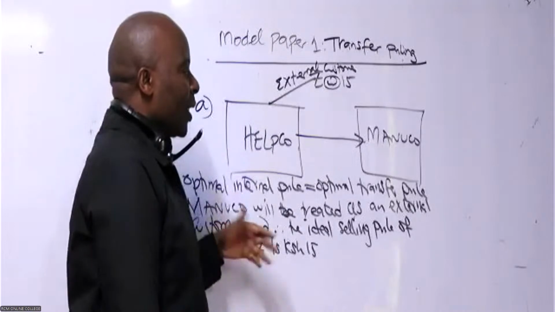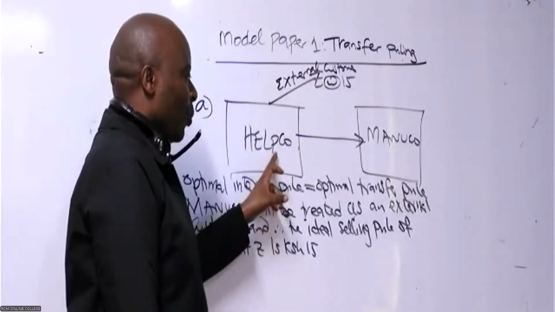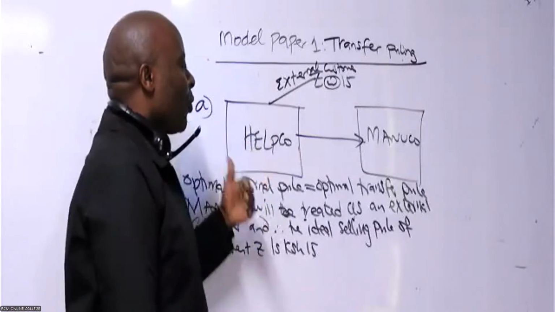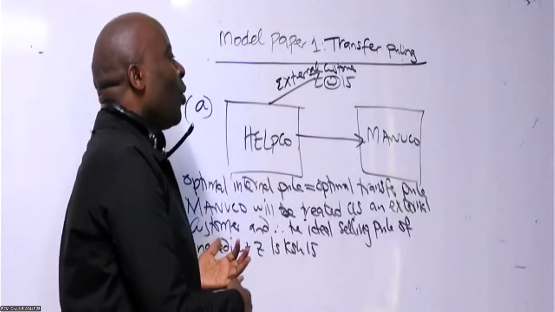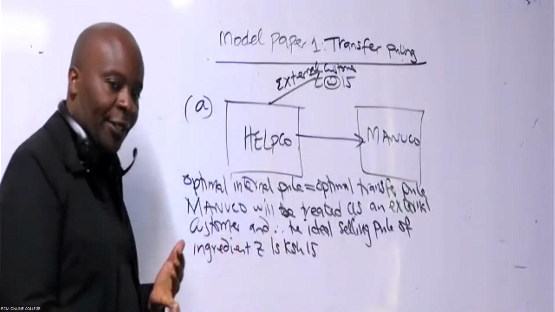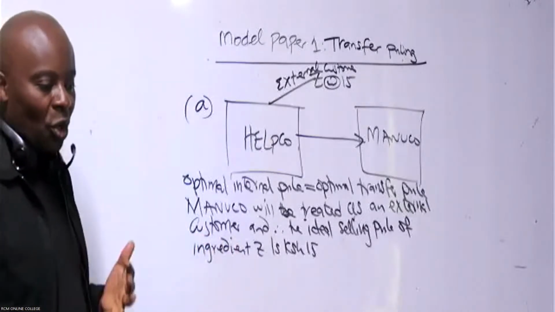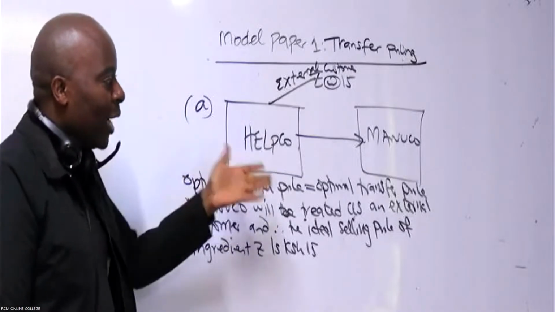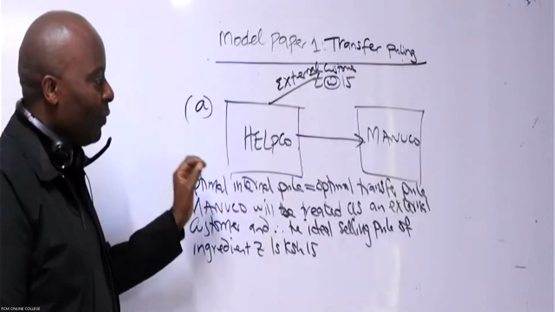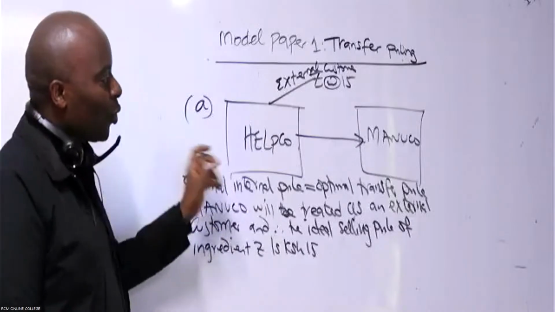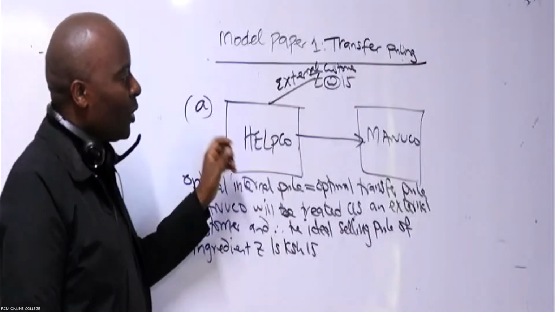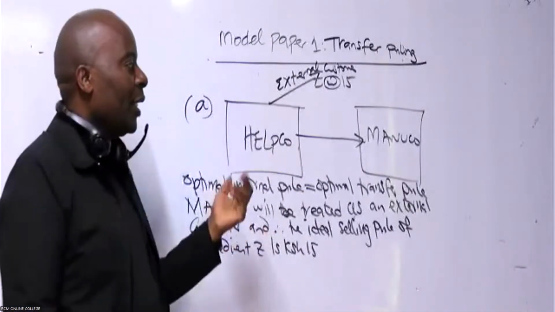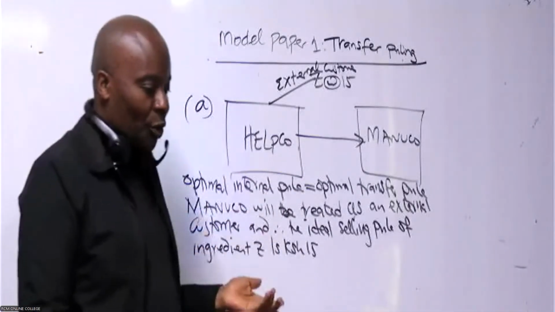Such savings shall reduce this price, because we are told, ladies and gentlemen, remember, if BOK is to sell internally, they will not incur any advertisement cost. No advertisement cost. So there shall be some savings to be made for transfer pricing internally. For instance, we are told in this question that if BOK decides to sell to Manuko internally, they will not incur any packaging cost.